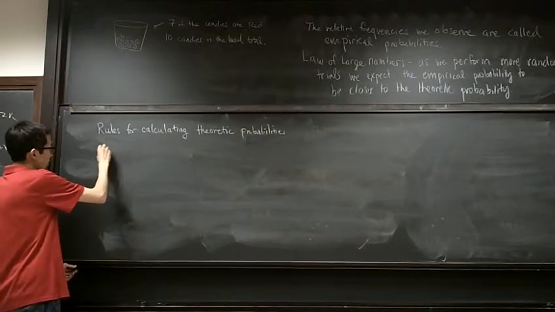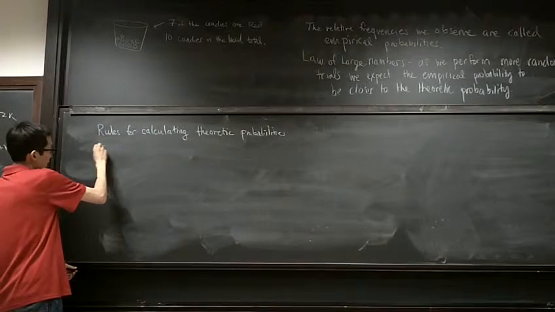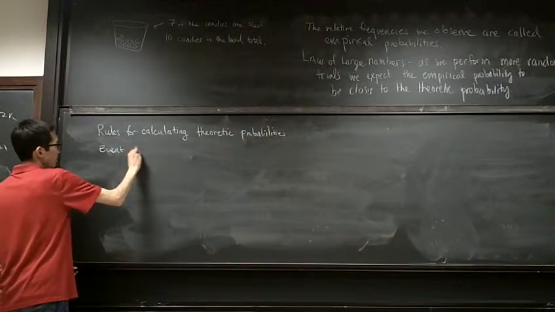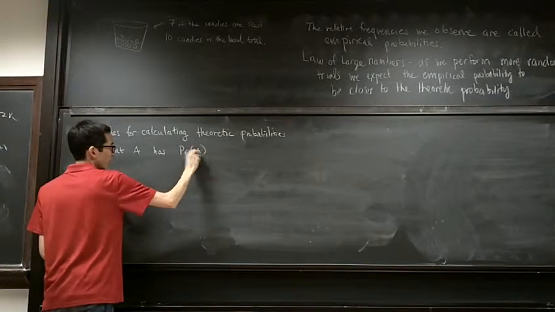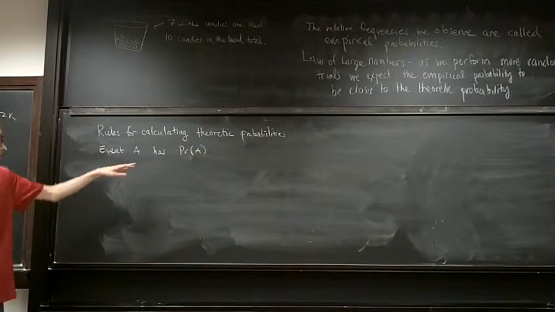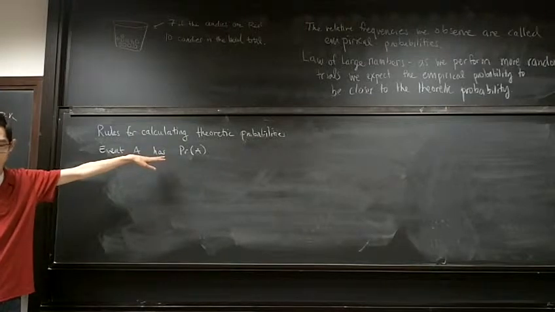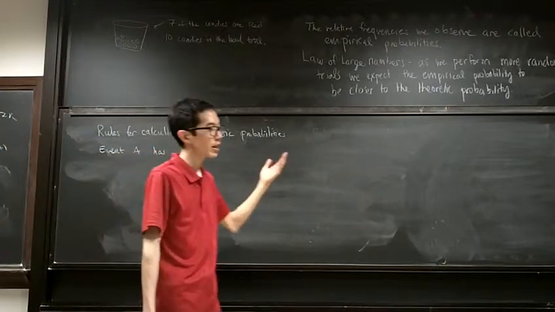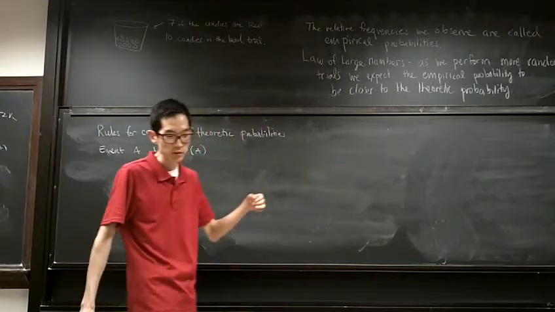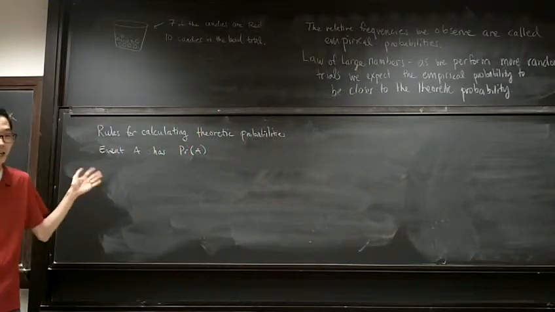So if we have event A, it has probability, probability A. There's something called the complement of A, which means event A did not happen.